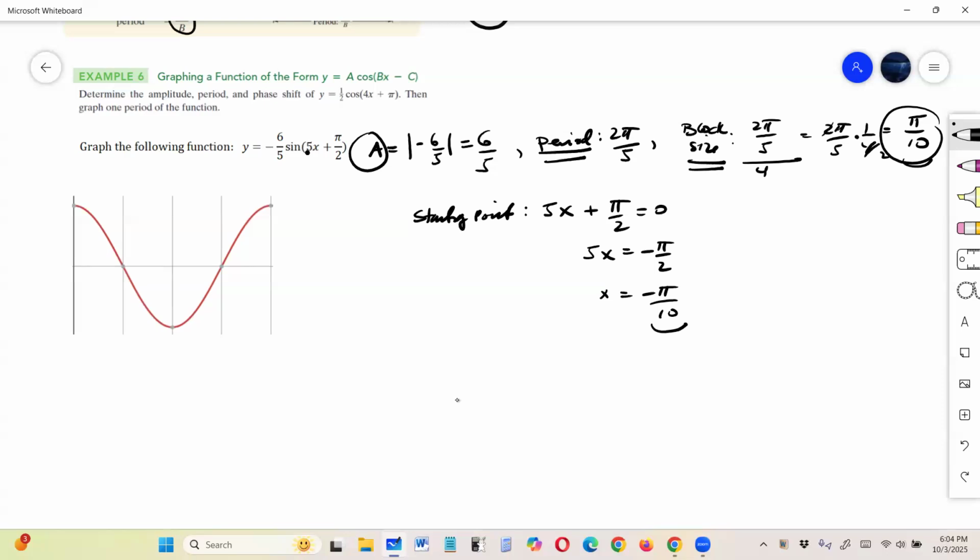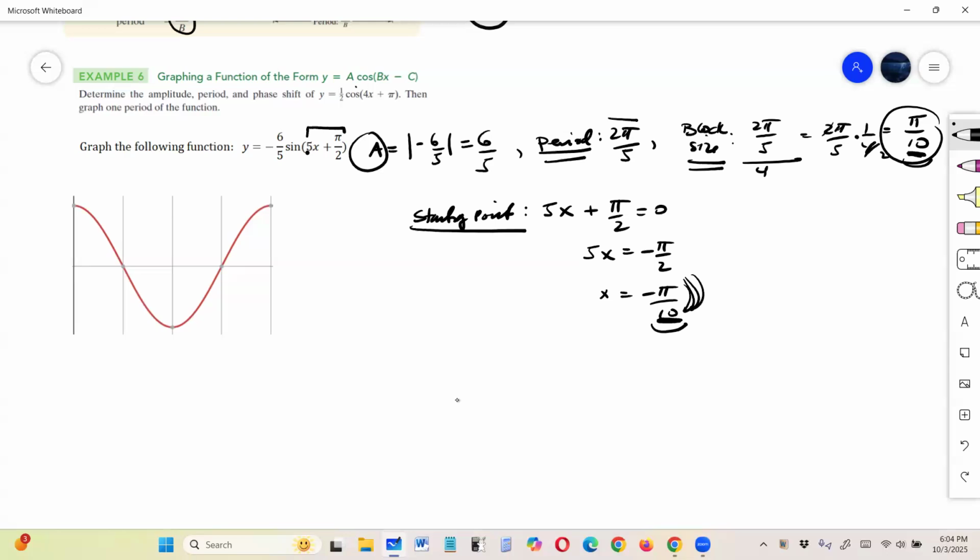Find the block size, which is period divided by 4. Find the starting point, which is you're going to solve this equation equal to 0. And then, if necessary, make sure that the denominator of your starting point matches the denominator of the block size.